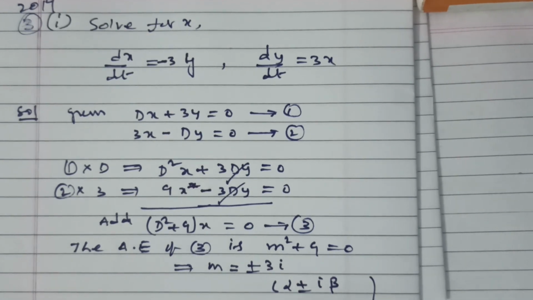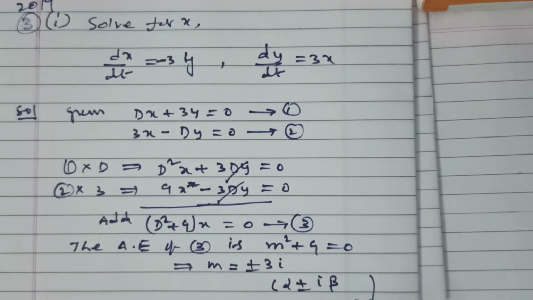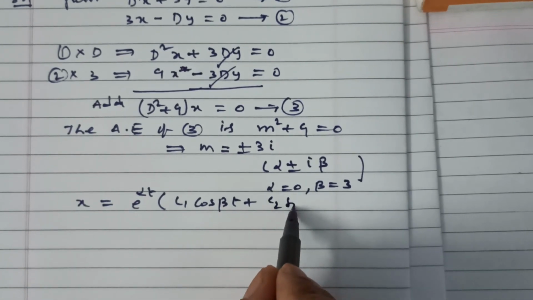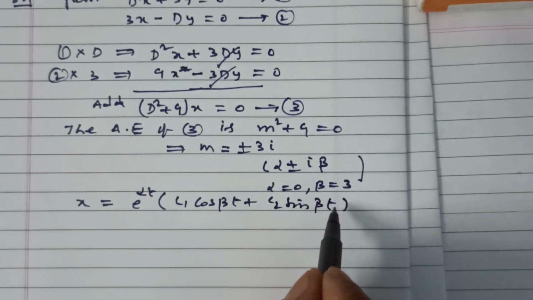When the roots are imaginary, the solution x is equal to e power alpha t into c1 cos beta t plus c2 sin beta t.